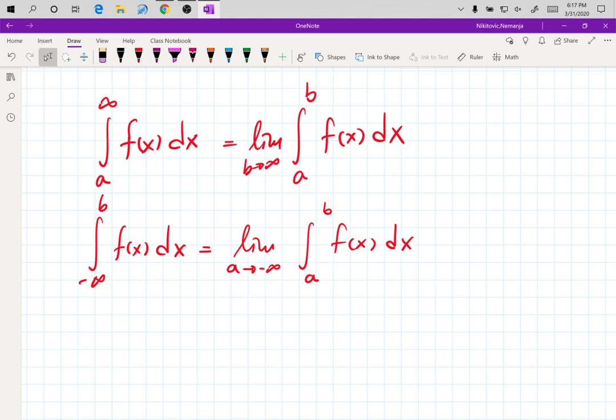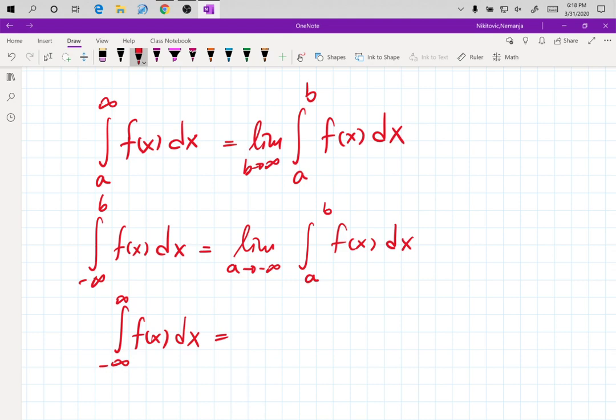And in the third case, these problems are rare. I mean, they're around, and I'll give you one that is used all the time. Negative infinity to positive infinity of f of x dx. You need to use the theorem from Calc 1, which tells you that the definite integral can be broken at any point inside the domain. So you can just pick a value, any value.